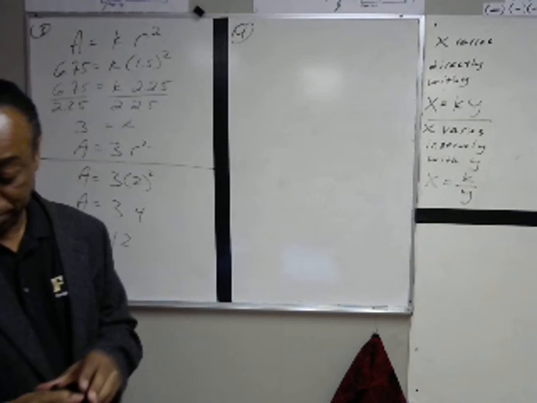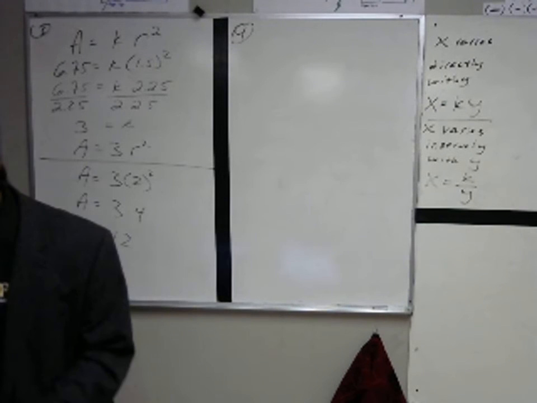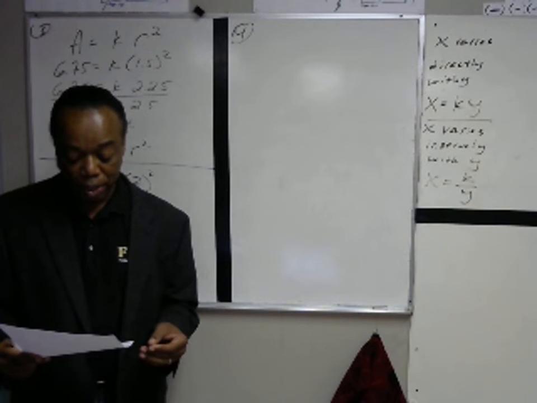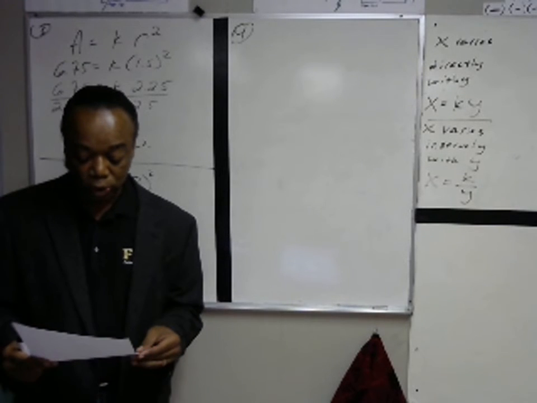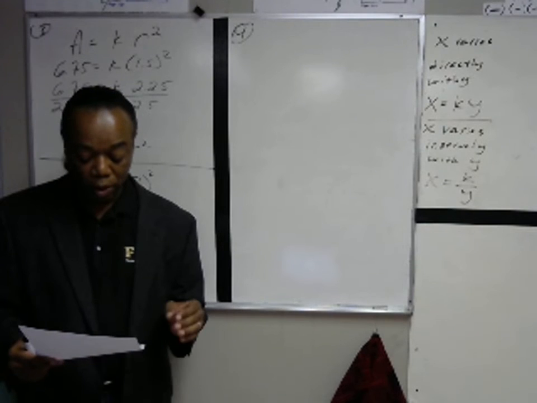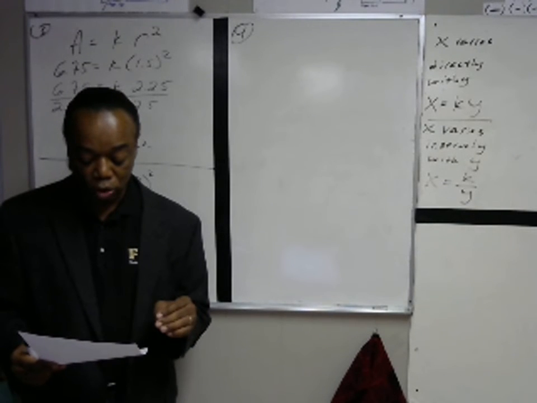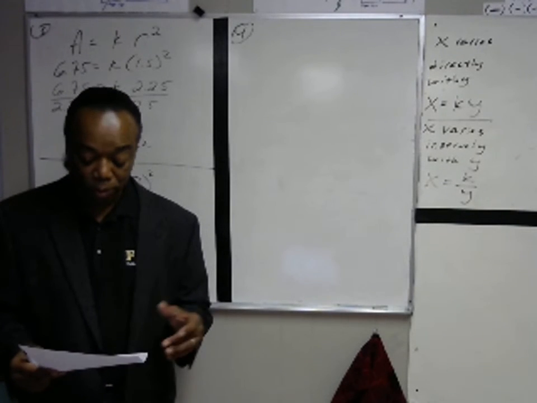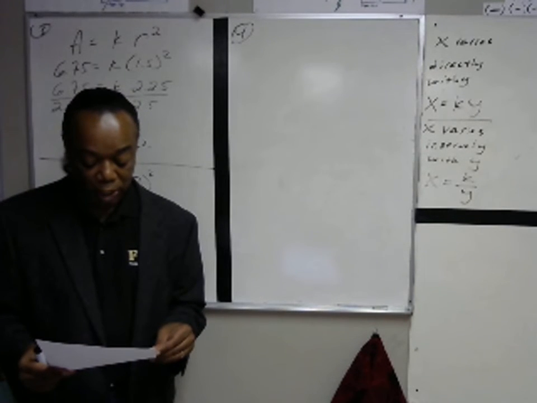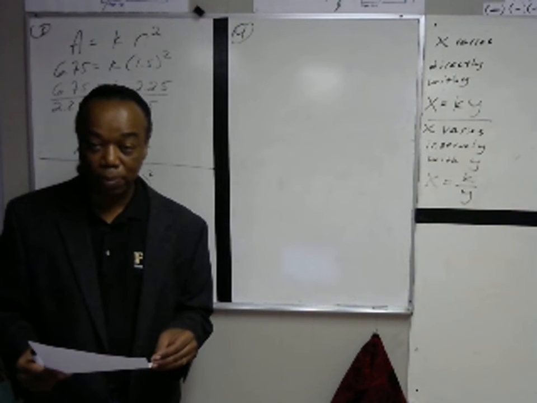Number 4. To preserve the volume inside a cone, the height must vary inversely with the radius squared. The height is 10, while the radius is 2 feet. That should be 10 feet. What will the height be if the radius is 1 foot to preserve the volume?